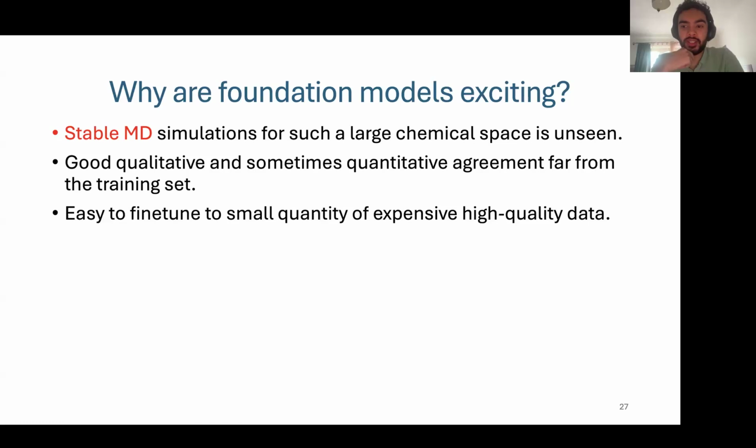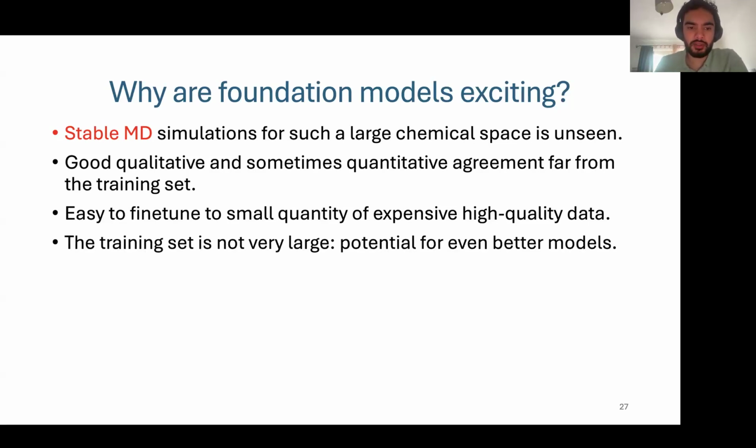So even if they are just qualitatively accurate out of the box, you just need a little data to make them quantitatively accurate. And I think this is really the most exciting thing about these foundation models, and it's why I insist on calling them foundation models and not universal potentials, because I think fine-tuning will always be an important part of the use of these models.